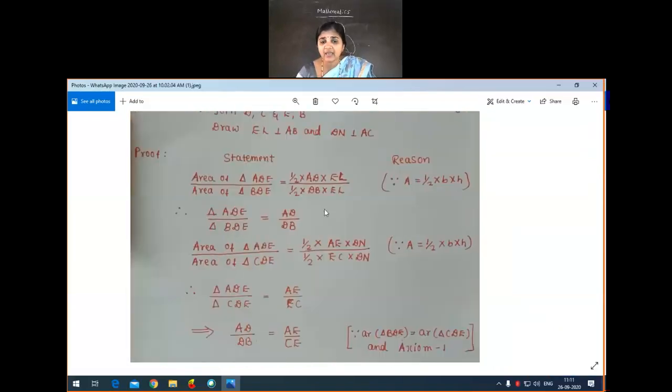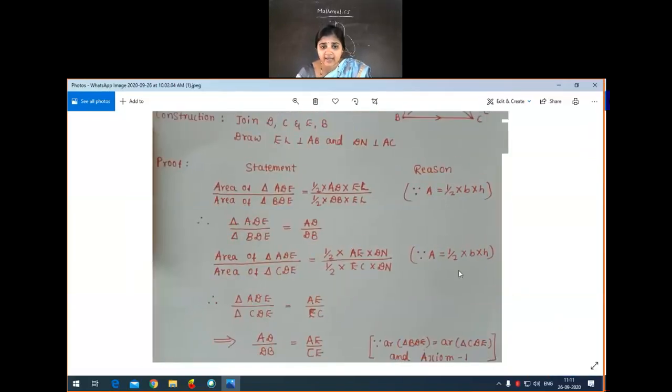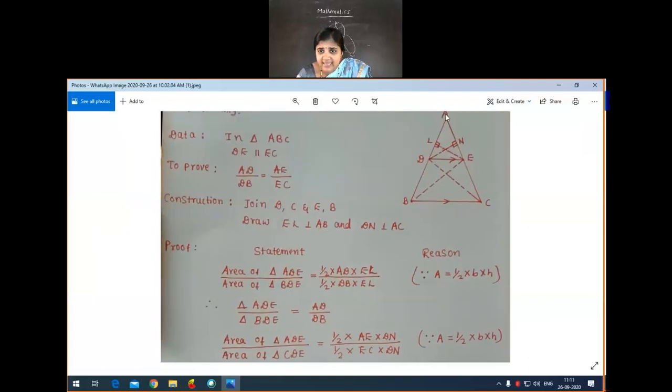Now again we have to take two more triangles, that is one triangle is same. This ADE again we have to take area of triangle ADE. Then we have to take area of triangle CDE. Area of triangle ADE and area of triangle CDE.